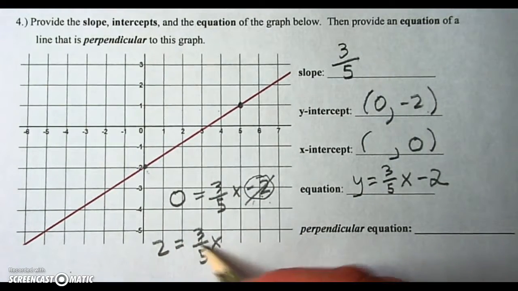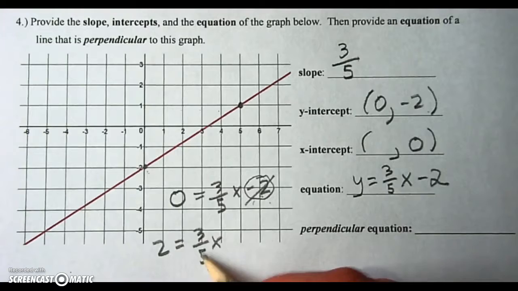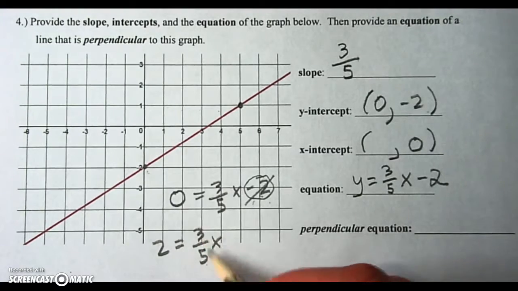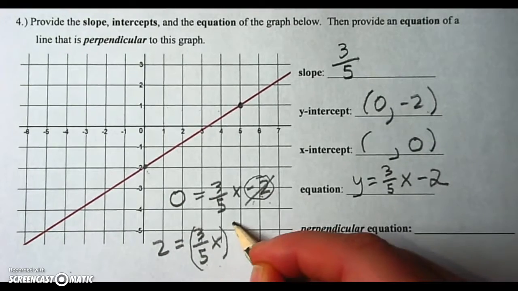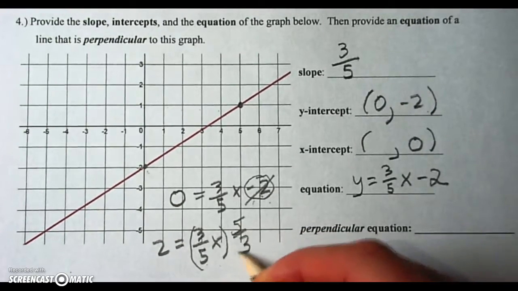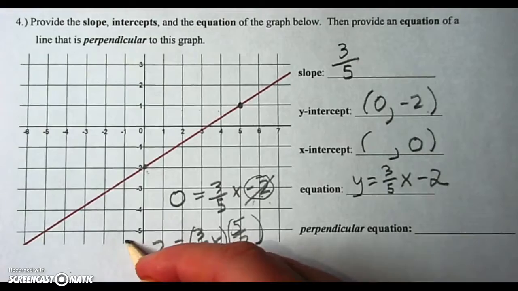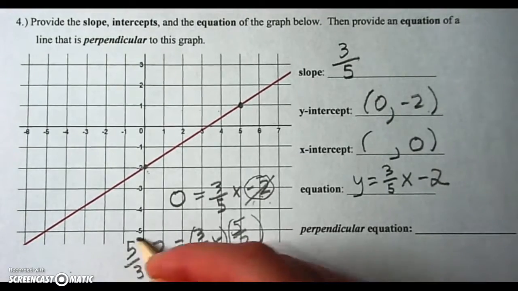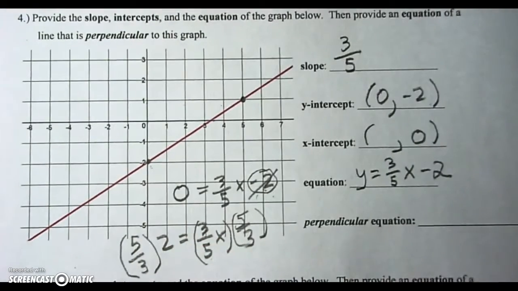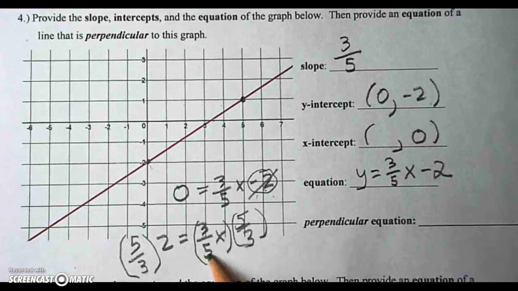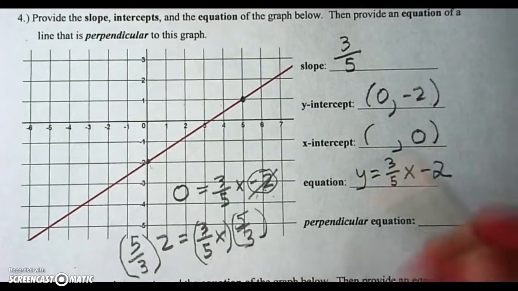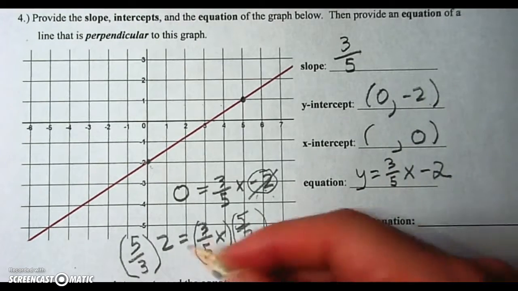Now, in order to get rid of this coefficient here, if we multiply both sides by the reciprocal, which would be 5/3, we could do it in 2 steps, but it's a little faster and easier if we just do it in one. 3 times 5 over 5 times 3, well, that becomes 15 over 15, which is just 1.